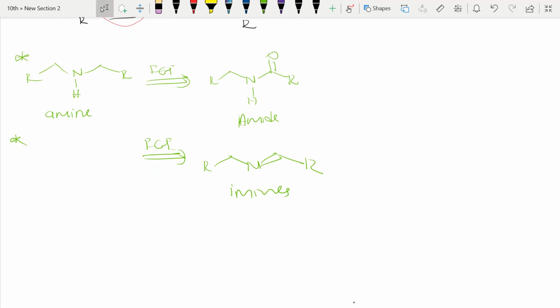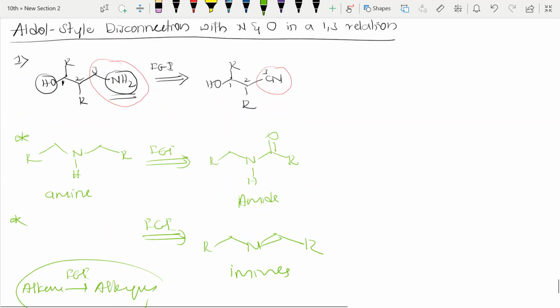Similarly, I used to convert an alkene into an alkyne in functional group transformation, followed by retrosynthesis everywhere. Here I have converted the amine into cyanide, CN. But I do this conversion only when there is a 1-3 relationship, here 1, 2, 3.